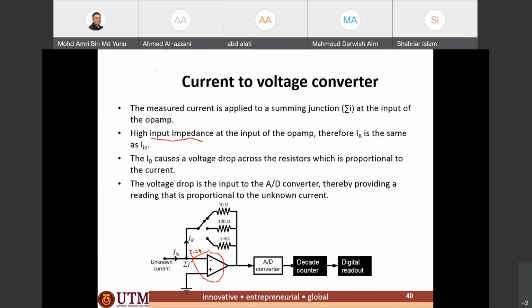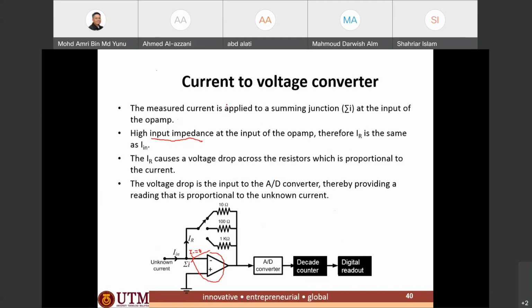Okay, the first important part of the ADC converter is the voltage to current converter.